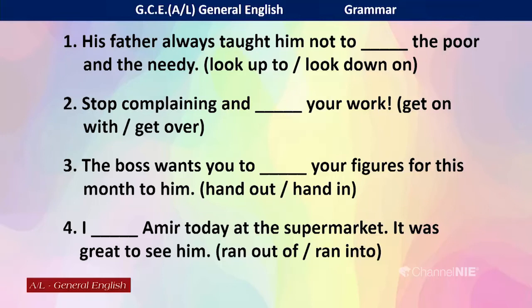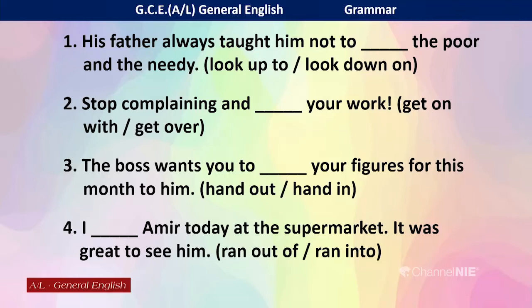Get on with and get over are the two phrasal verbs you have been given to find the answers. The boss wants you to blank your figures for this month to him. Hand out, hand in are two phrasal verbs you have been given to find the answer.